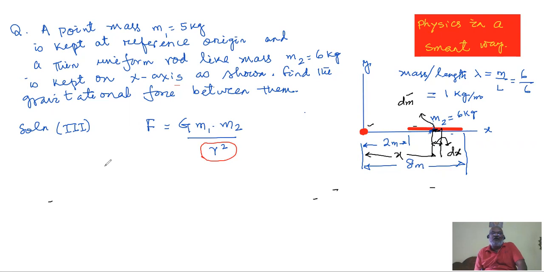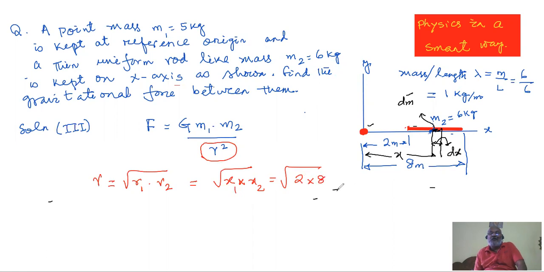A student is trying like this. He is considering R equal to root over of R1 into R2. That is root over of x1 into x2, where x1 is the x coordinate of the start of the bar, that is 2, and x2 is the x coordinate of the end of the bar, that is 8.